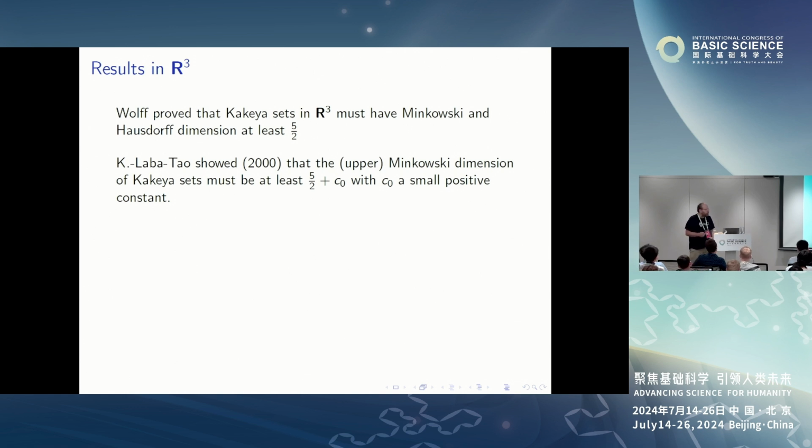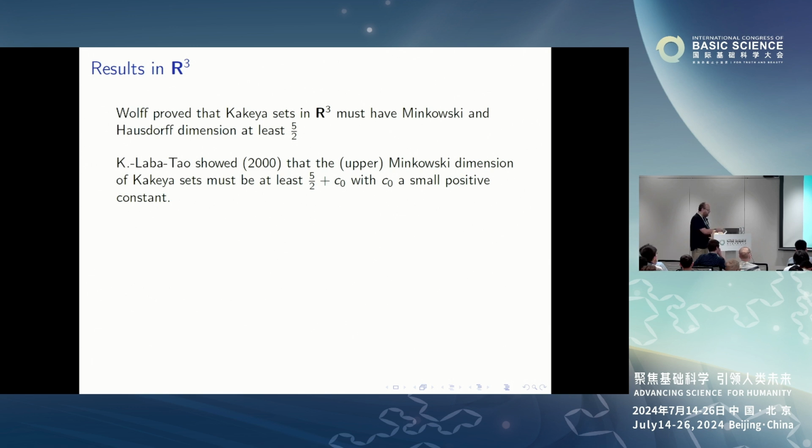I think that when we published this paper, our claim about c0 was that it was at least 10 to the minus 10. But I think various things can be done a little bit slicker, and by now that constant is a little bit bigger.